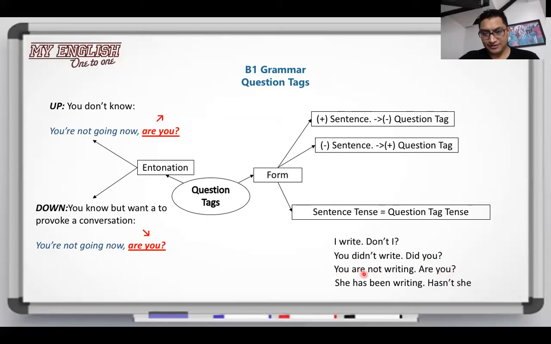Here you have present continuous and present continuous. The verb to be, basically, right? Or this one, she has been writing, hasn't she? So here we have a present perfect, and this is a present perfect too. So you can see that the tense of the sentence is the same as the tense of the question tag. You need to respect that.